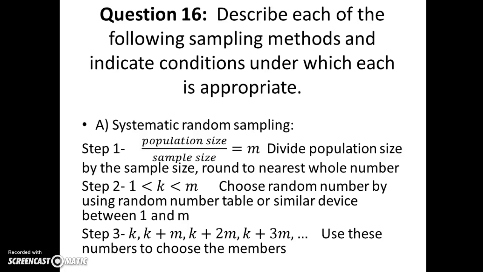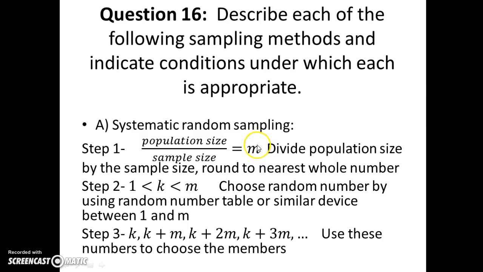Question 16. Describe each of the following sampling methods and indicate conditions under which each is appropriate. Systematic random sampling. To do systematic random sampling, you divide the population size by the sample size. You get a number m. If it's a decimal, you round to the nearest whole number.